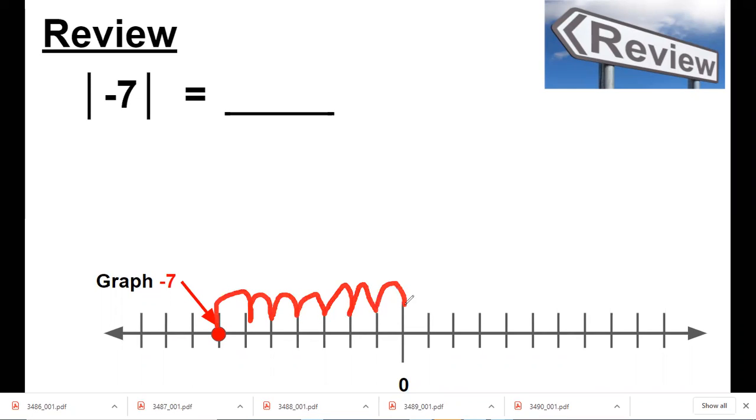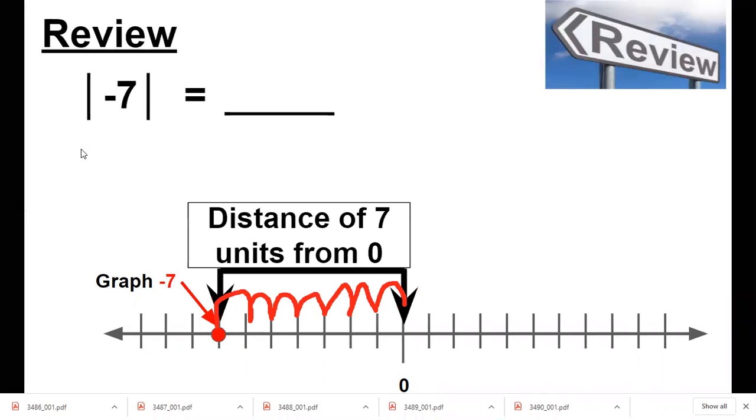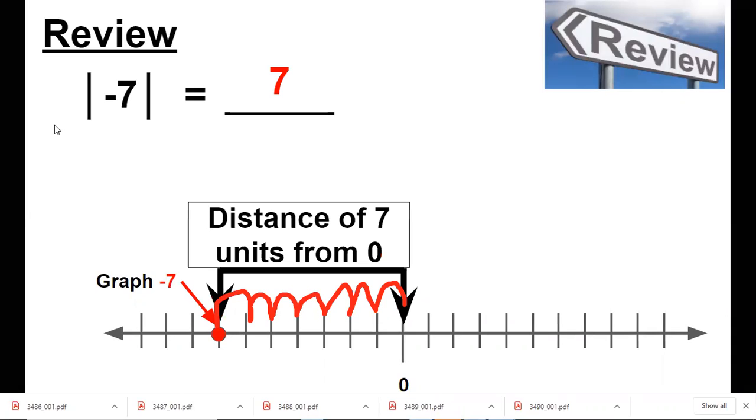And we know that -7 is 7 units from 0. So the absolute value of -7 is 7. It will always be a positive number because distance is always positive.